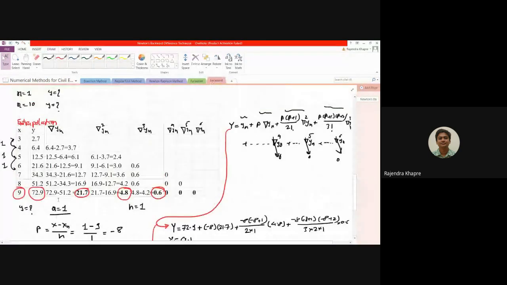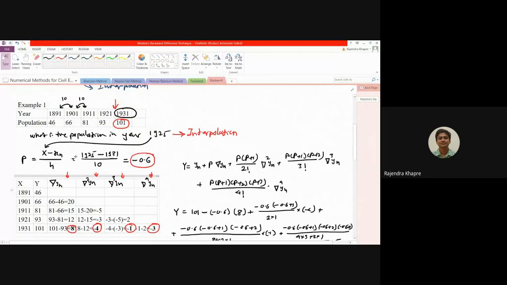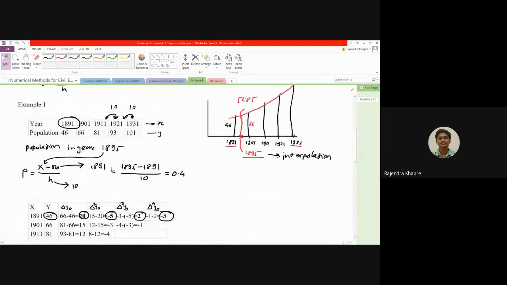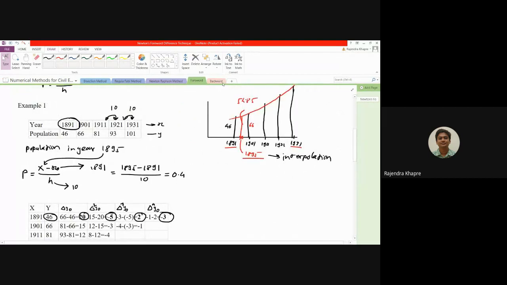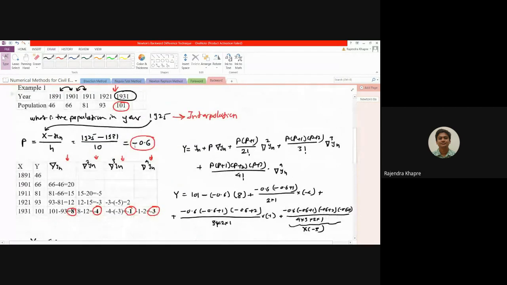Now I want all of you to solve the same problem again using the backward difference method, and find out the value of the population in 1895. Same problem, same data set, and you already have the table, so you don't have to redraw the table one more time. All we have to do is change the value of P and give me the value of population. Please do it. Everybody please do it.